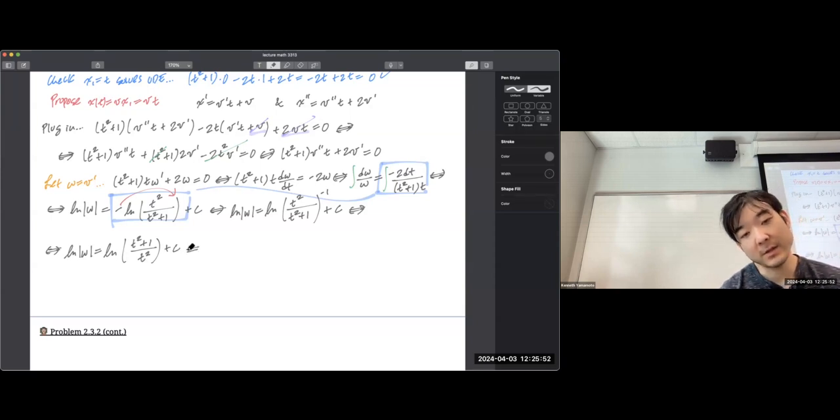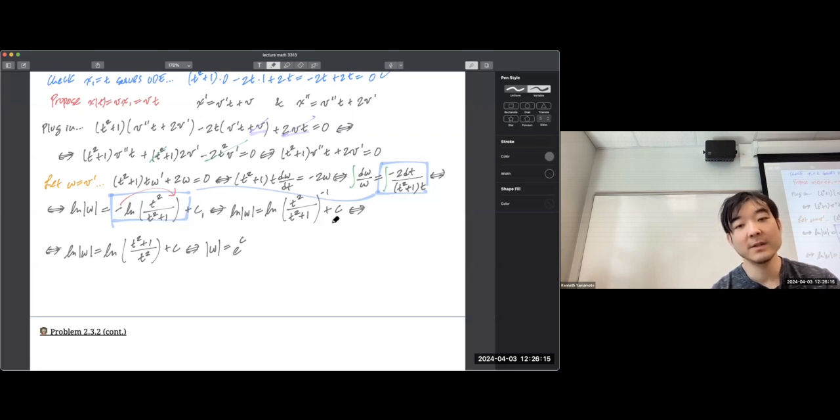And then let's take the exponential. So then this will be absolute value of w, because exponential of ln of absolute value of w. Maybe it's quick enough to think about this as just e raised to all of this, but I always like to split that exponential out. So it really is just going to be e to the c.